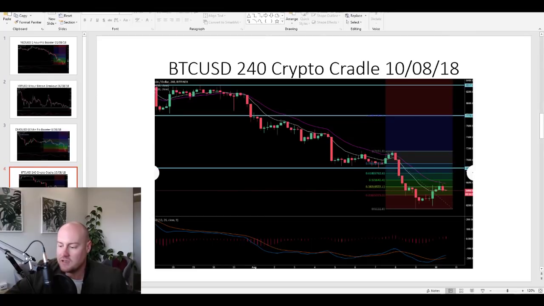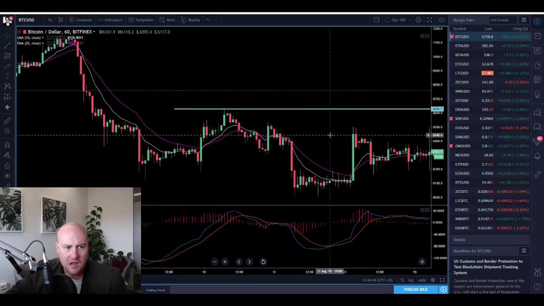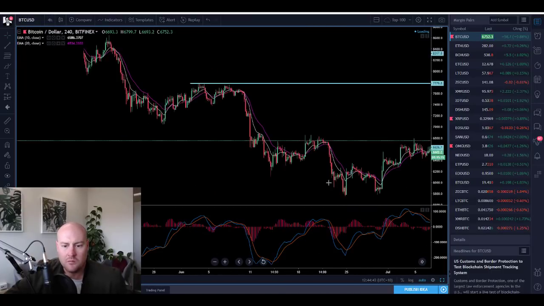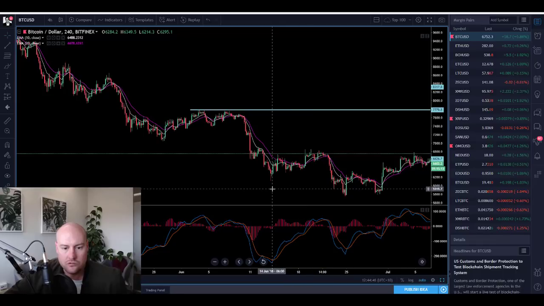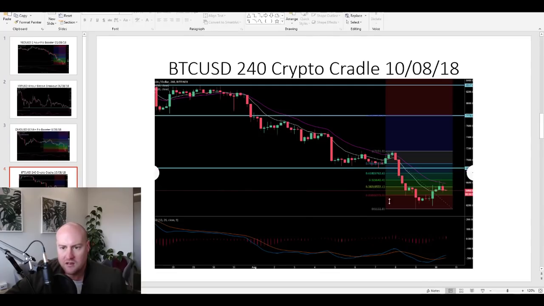Bitcoin 240 against the US dollar. Let's jump across to Bitcoin now. This one didn't go all that well. Where were we? I didn't look at the date. 10th.